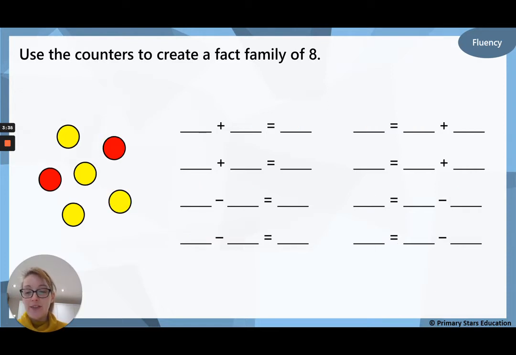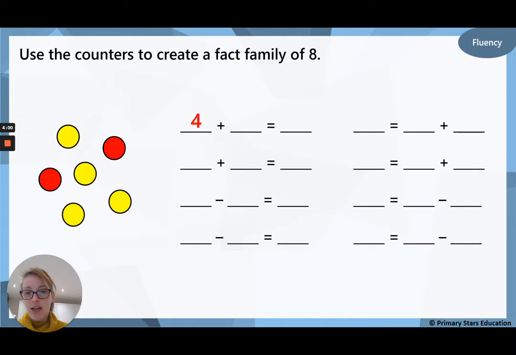So a different group of objects this time, but we can still write 8 different number sentences. So let's start with our additions. So count them carefully. How many red? How many yellow? What 2 addition number sentences could we write with our 2 parts first? Have a little think. And let's have a look at the answer.